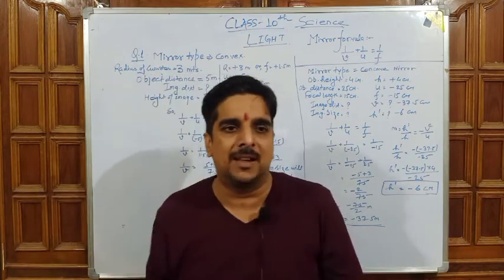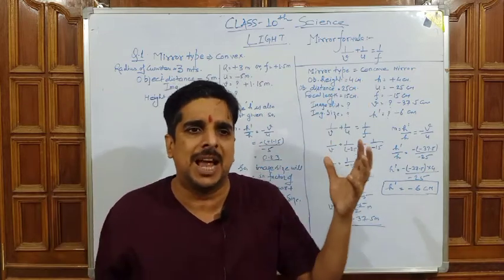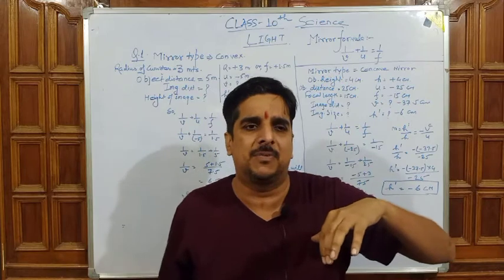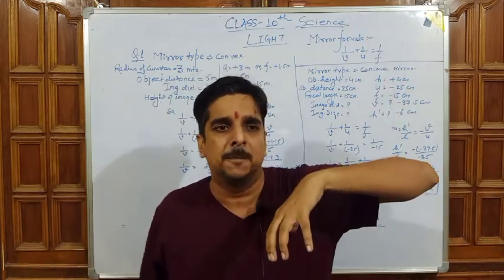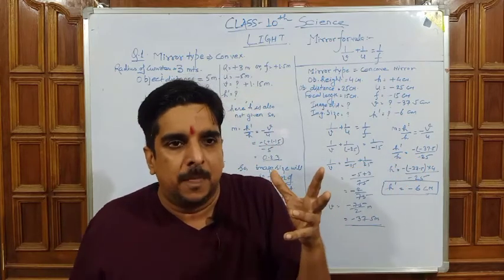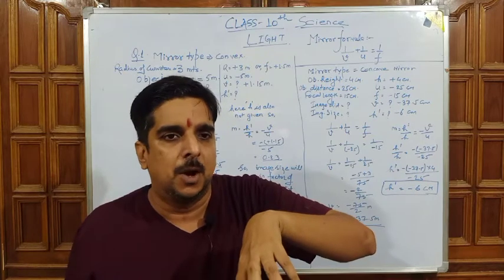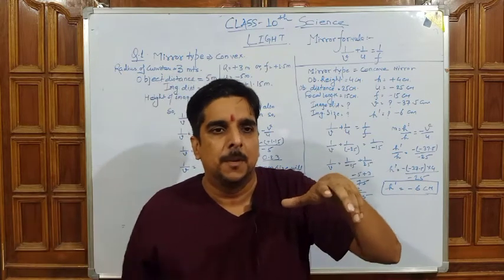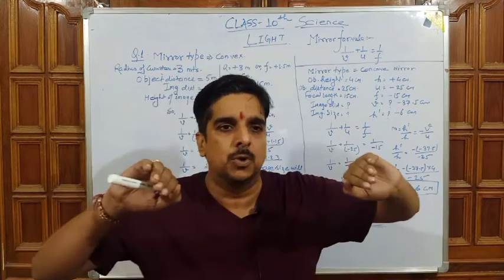Now I am going to start my class for chapter light. In the earlier class, up to now, what did we discuss? We discussed light, the characteristics of light, the properties of light, and the path deviation of light. The direction change of light by a smooth surface we classified into two types.